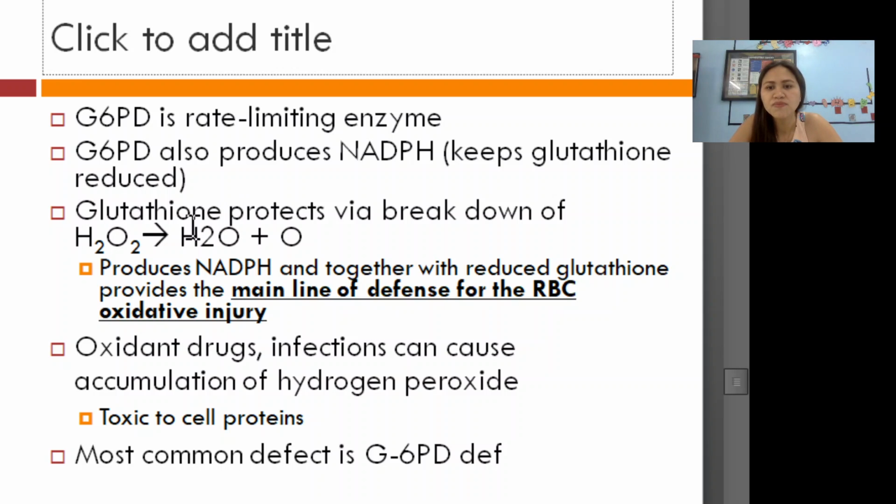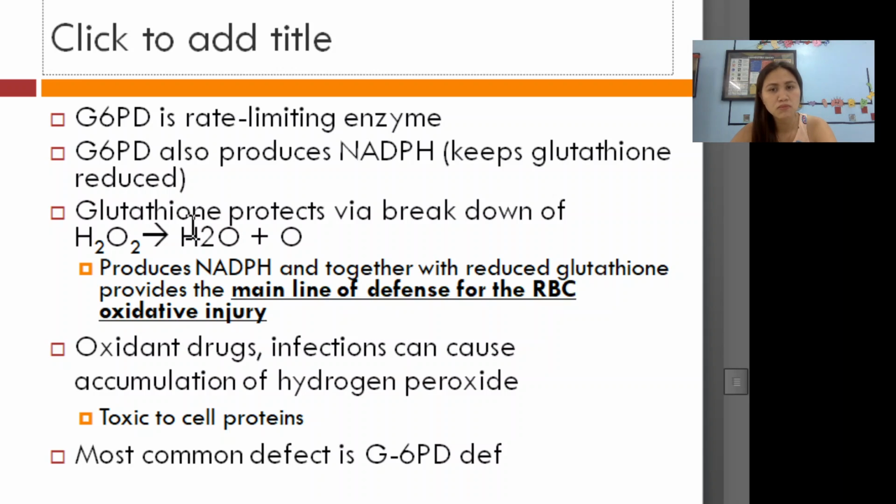So again, G6PD produces NADPH, and together with the reduced glutathione, it provides a main line of defense for RBC oxidative injury. So what are these factors nga makaproduce of hydrogen peroxide? We have oxidant drugs, we have our pollution, we have UV, and we also have infections that can accumulate hydrogen peroxide. Okay? We really need glutathione para i-break down ang hydrogen peroxide if ma-expose mo, sulod siya sa atong body.